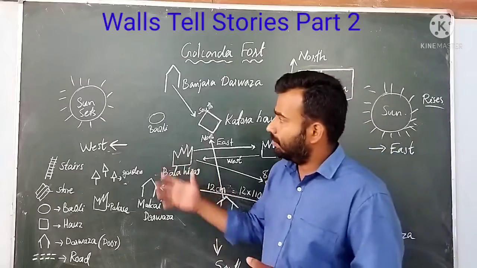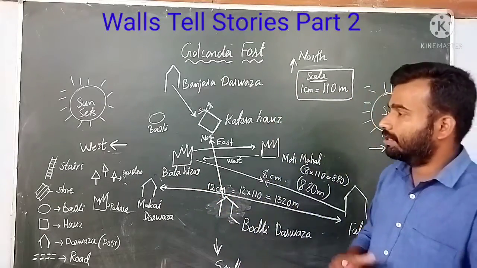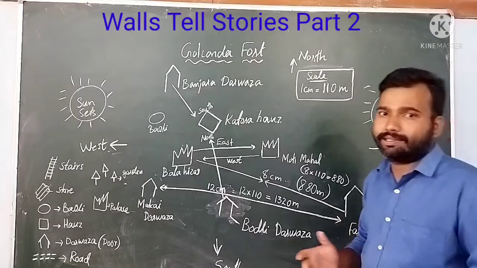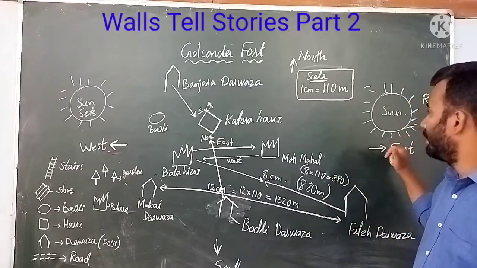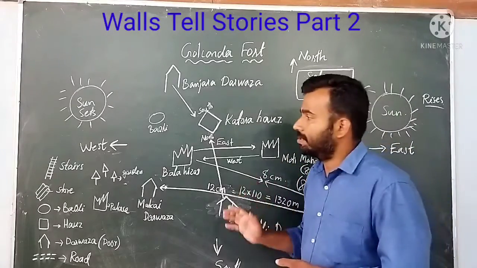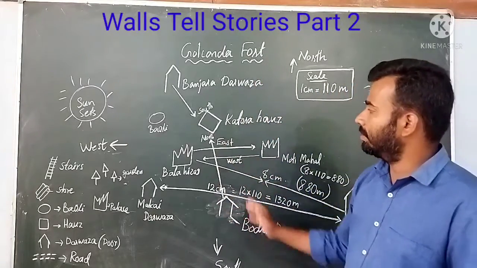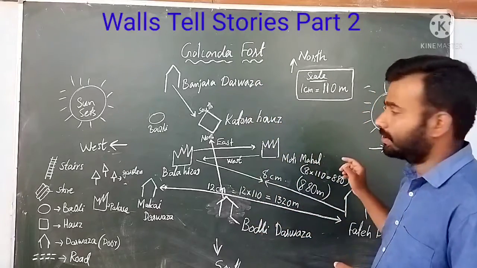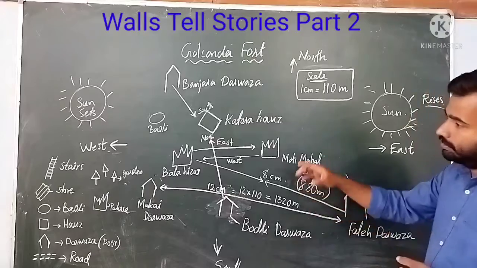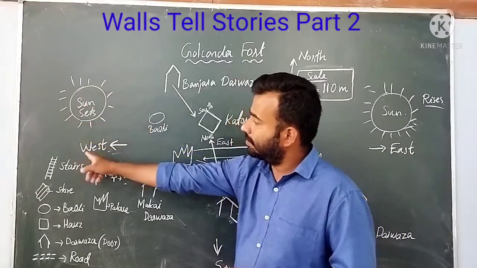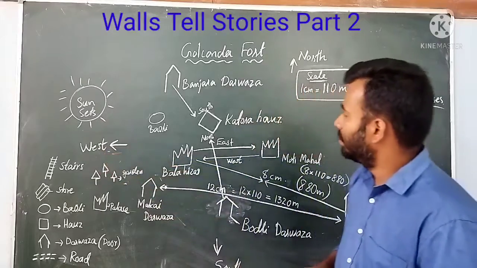And the next thing we need to look at is directions. We all know that the sun rises in the east. If you stand right in front of a map, your left side, where the sun sets, is called the west.